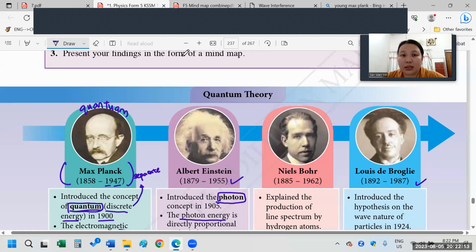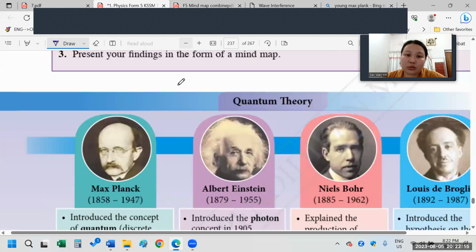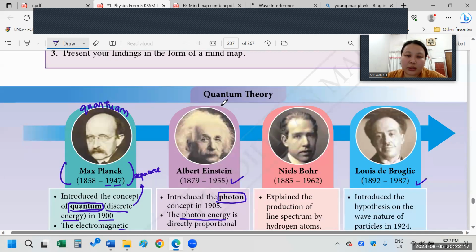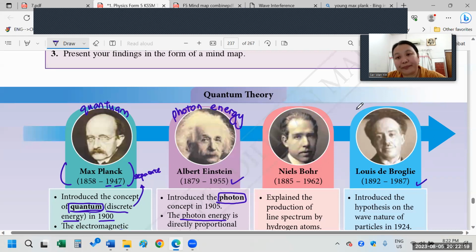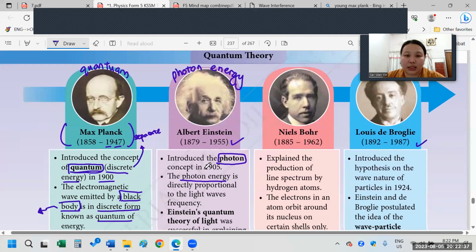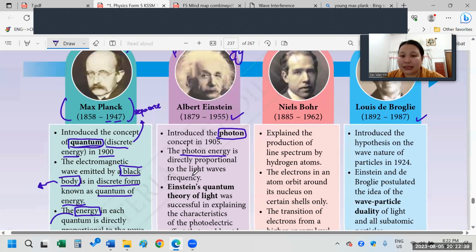Bear in mind, photon is an energy. When I say photon, I'm not saying photo. I'm saying energy. I'm saying a package of energy. So this energy is directly proportional to the frequency of the light.